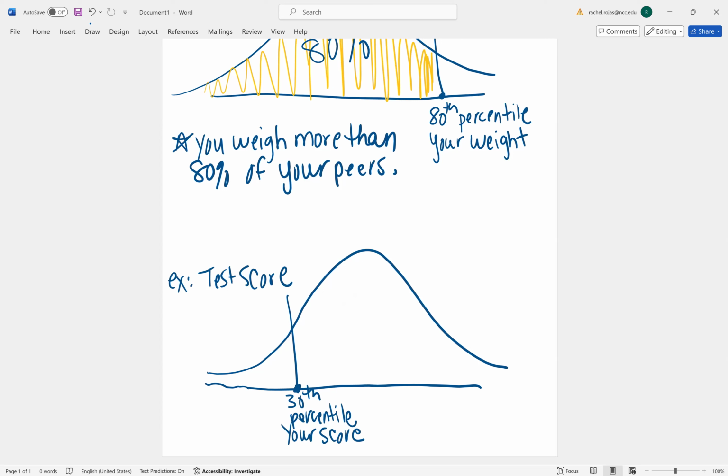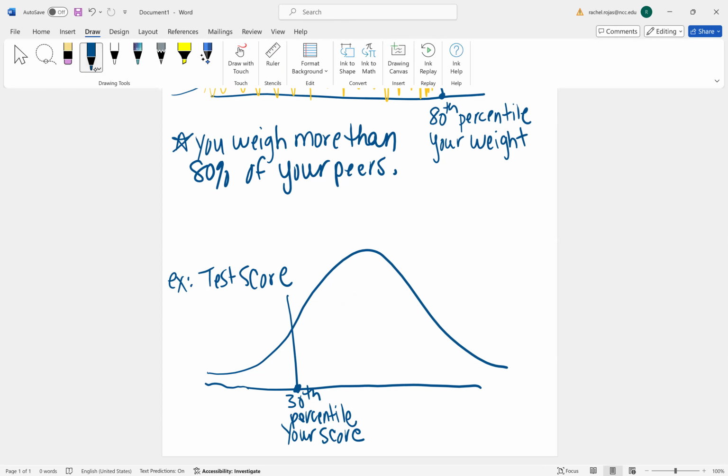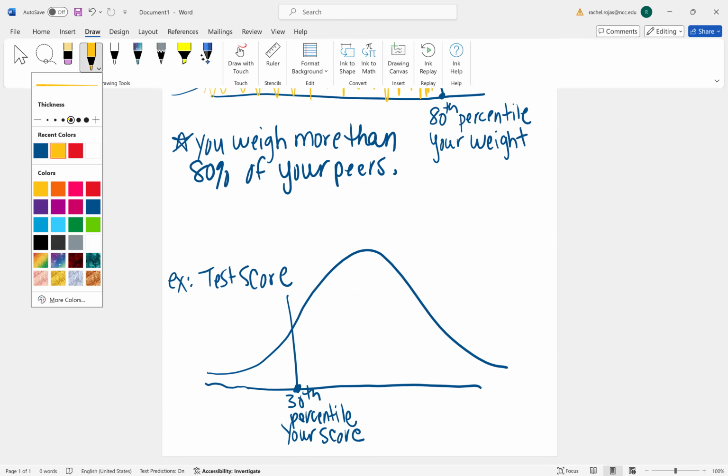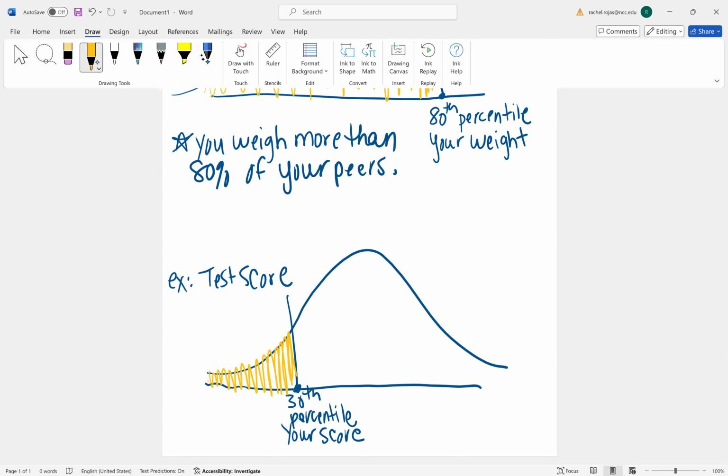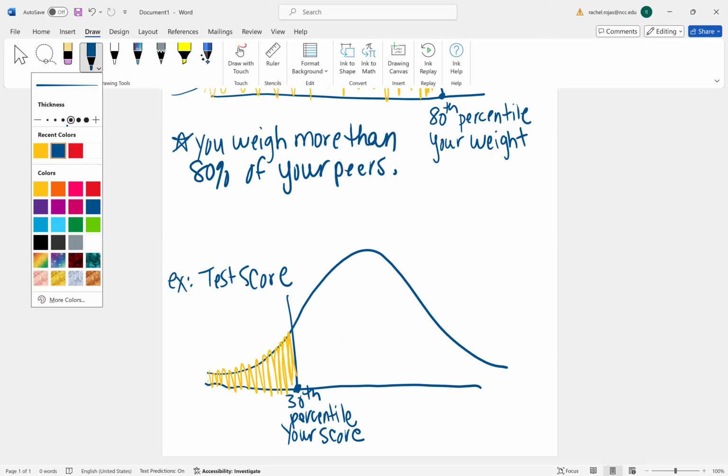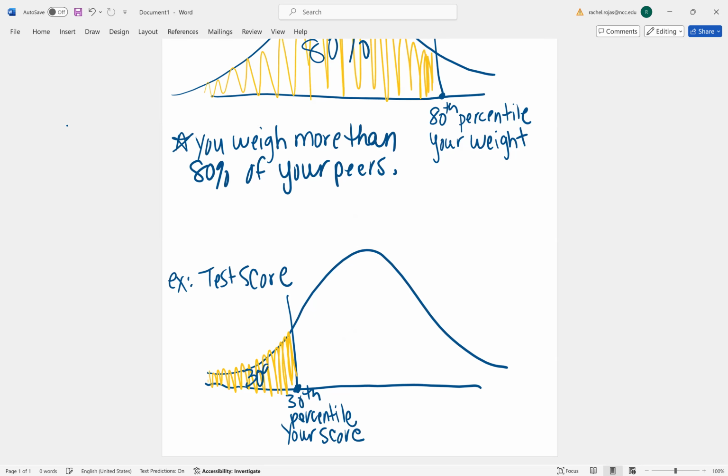So your score was at the 30th percentile rank. What does that mean? So what that means is the area to the left is 30% of the scores. So in other words, you scored higher than 30% of the other test takers.